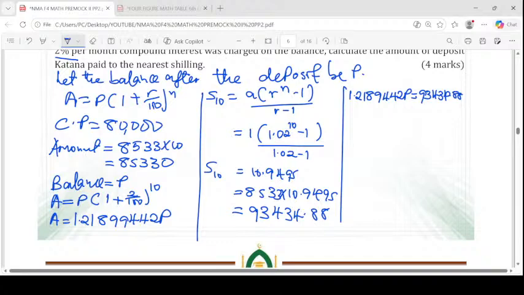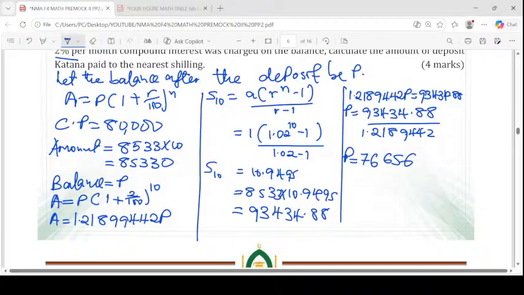Then this will mean that my P will be 93,434.88 all over 1.2189442, which gives me 76,656 as the P. That is the money that remained after the deposit.